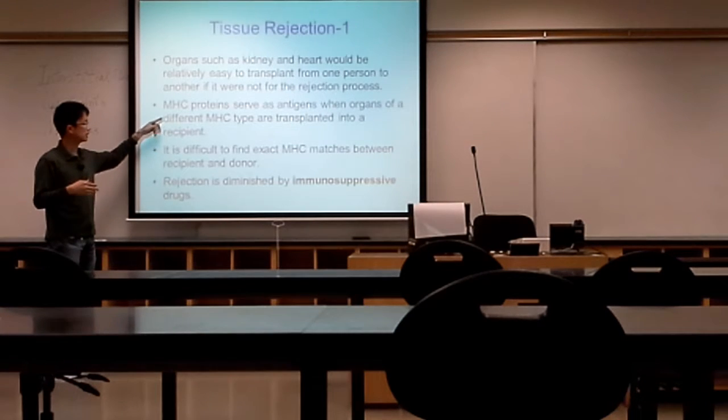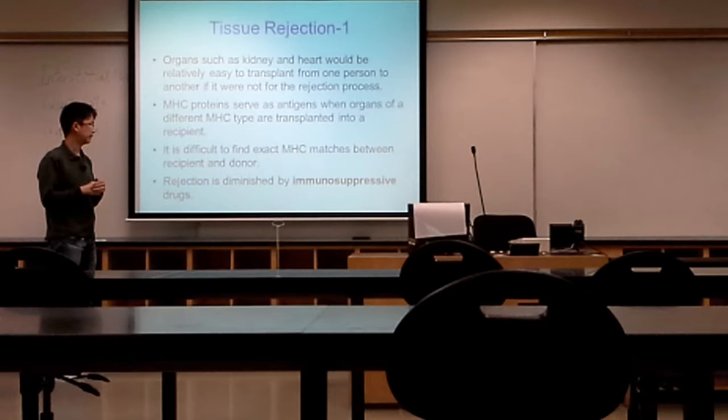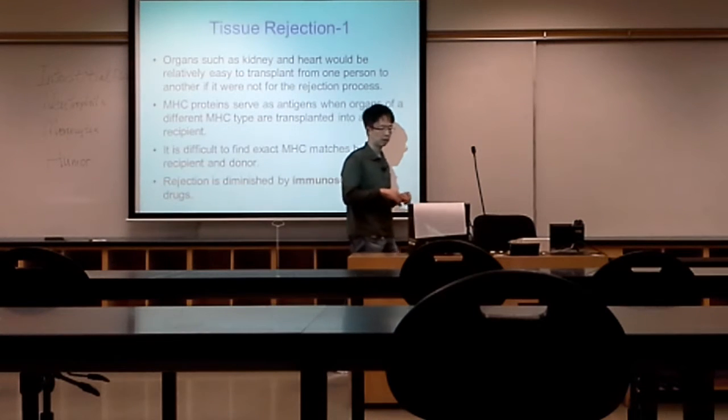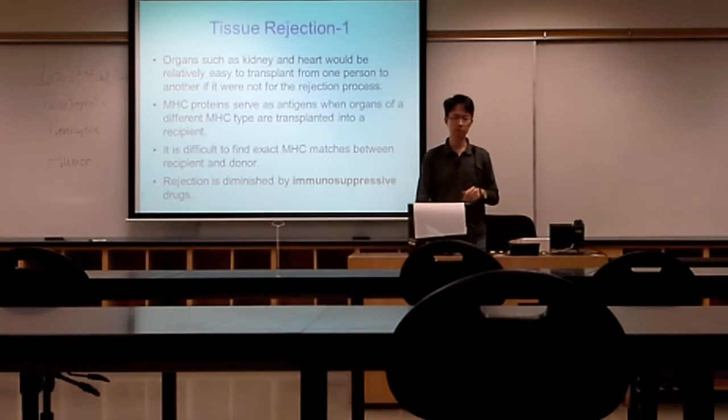So this is the one that causes the issue. It is difficult to find a match between recipient and donor. If we had a match in the organ donor and organ recipient, that will be the best case scenario. But most of the time we cannot find a good match. Then what will happen is that we'll give the immune suppressive drug to the organ recipient, hoping it will minimize the rejection.